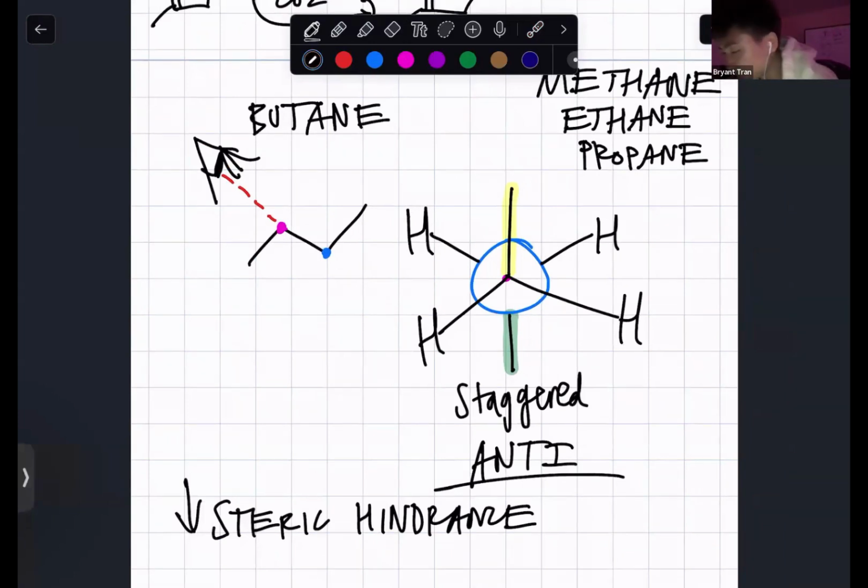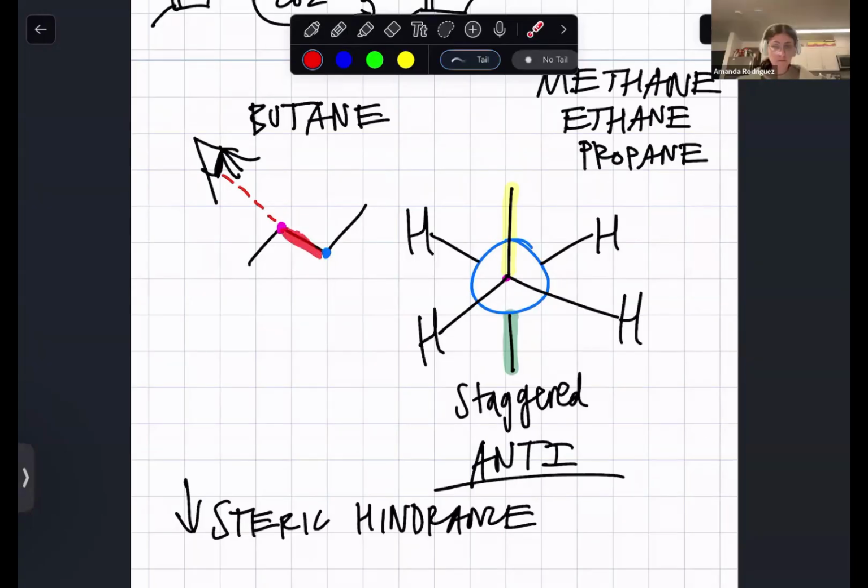Okay. So now, you know how this is a single bond between the pink and blue carbon? Does it have free rotation? Can it rotate freely? I believe so. Yep, it can. So when we rotate that, the groups are going to move, right?